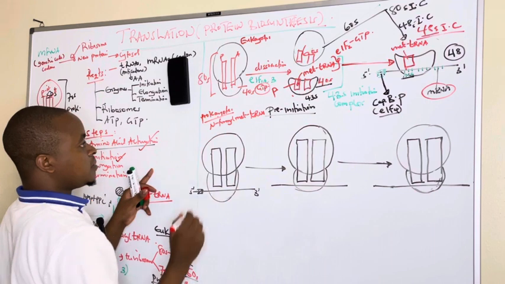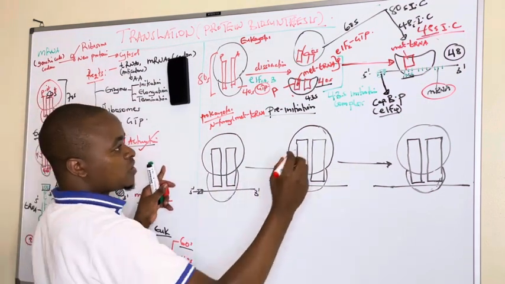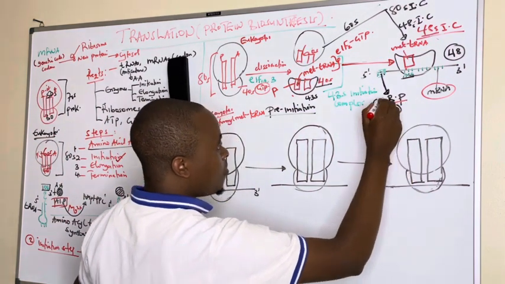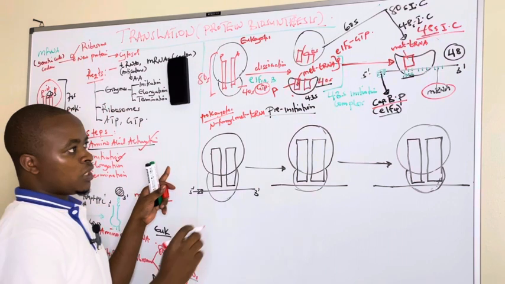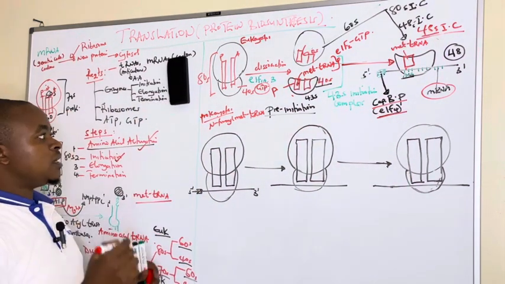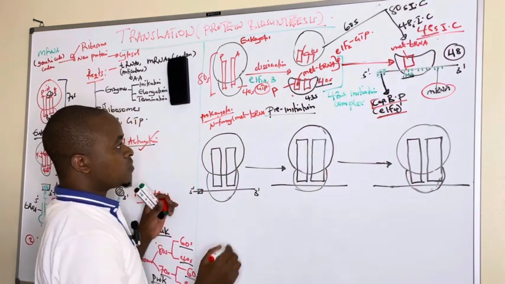In prokaryotes, the pre-initiation factor we see in eukaryotes, the cap binding protein, which we are calling eukaryotic initiation factor 4, is not present, because in prokaryotes we do not have the 5' end cap. So what happens?